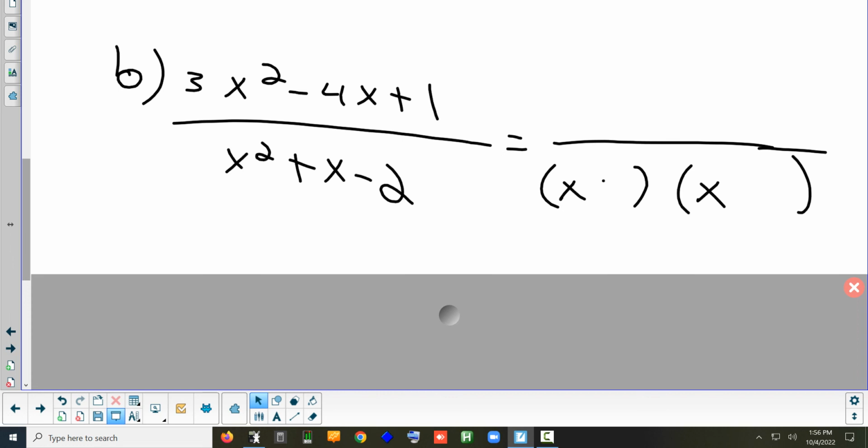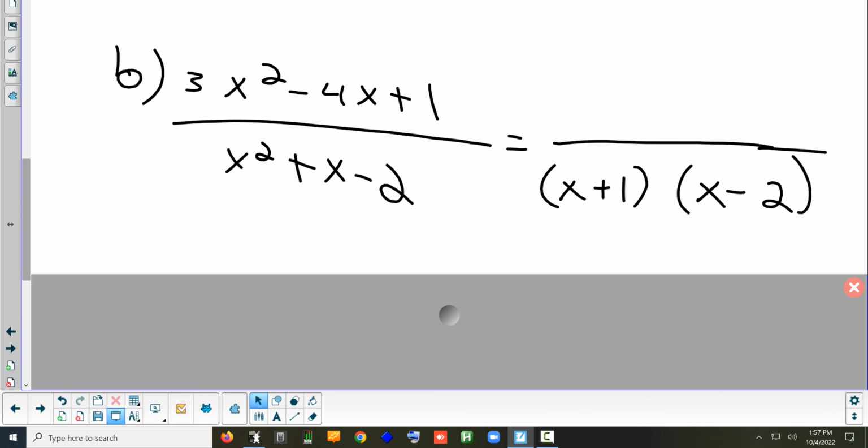Yep, we're going to need a positive and a negative. Now I need 2 numbers, Austin, that multiply to give me 2. 1 and 2. I would suggest trying them in that order.